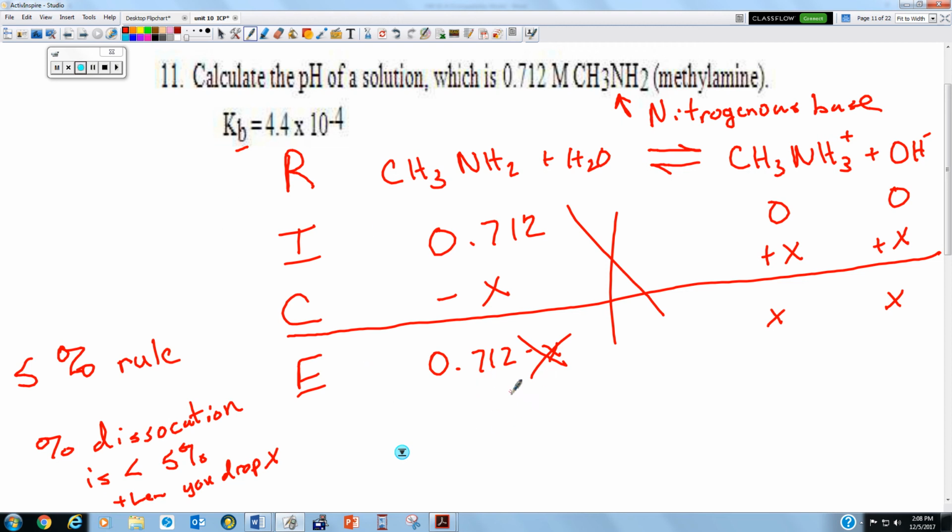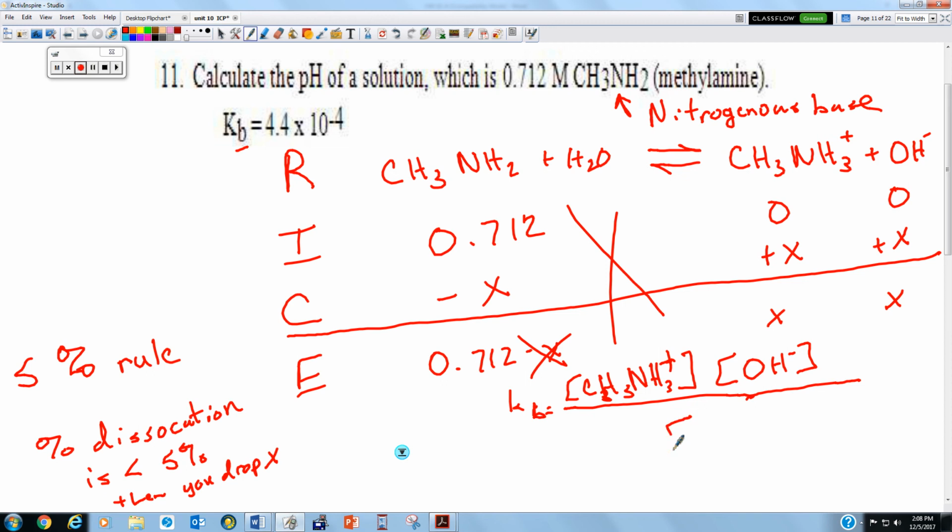We're given a Kb, so our Kb reaction is the concentration of CH3NH3 plus times OH negative, assuming it's less than 5% at this point, over CH3NH2.